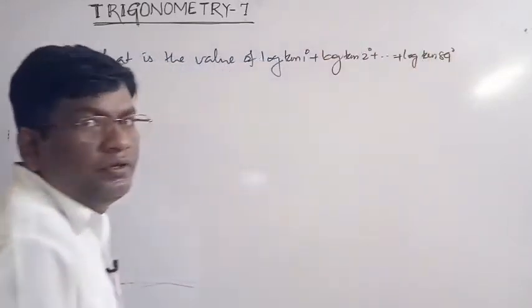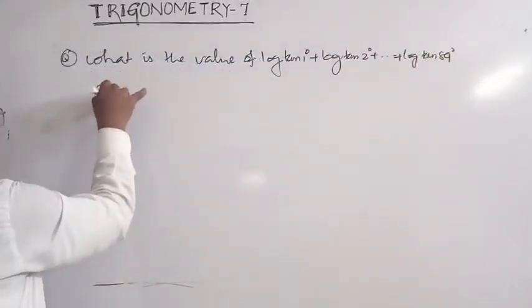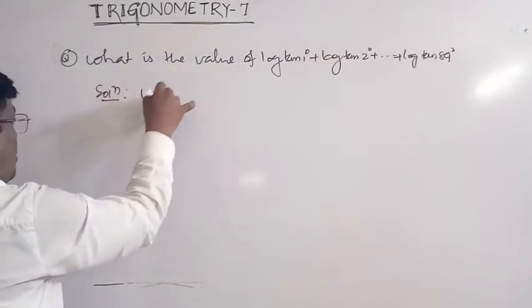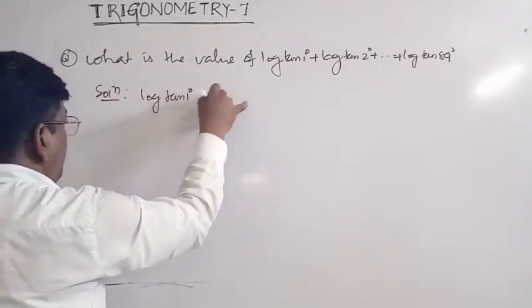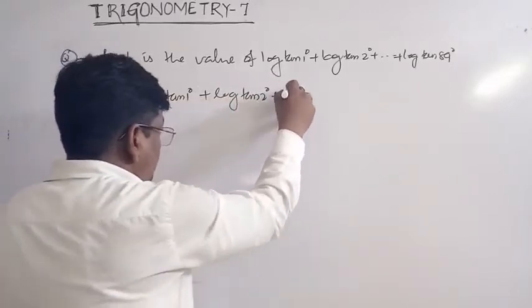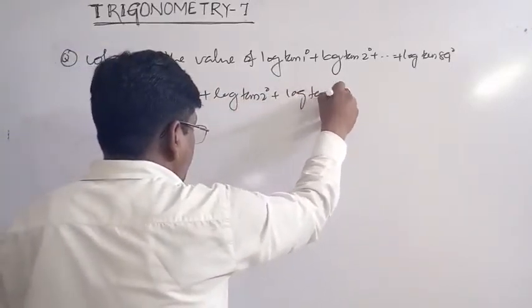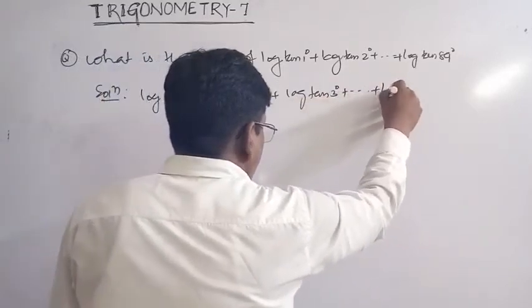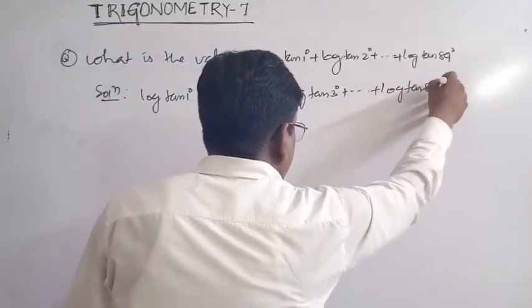This is the question. So the solution is log of tan 1 degree plus log of tan 2 degree plus log of tan 3 degree plus dot up to log of tan 89 degree.